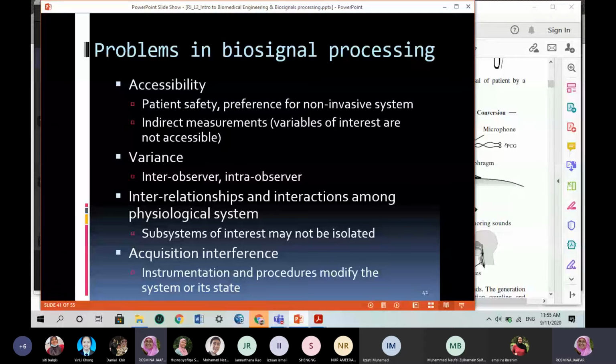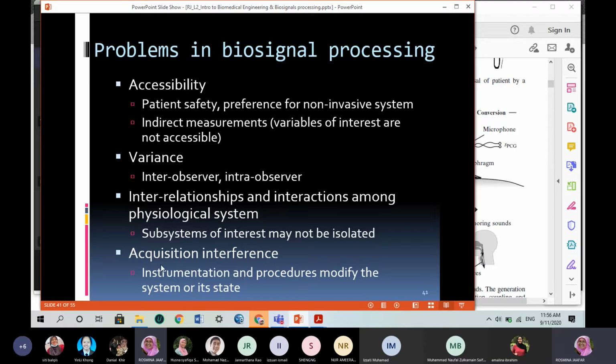Organ systems in the body interact with each other. As simple as when you feel excited, your heart starts beating faster because your brain is telling the heart to beat faster. Once your heart is beating faster, your breathing rate also increases, because of interaction between the nervous system, the brain, the respiratory system, and the heart itself. So you cannot avoid the interrelationships and the interactions among the physiological systems.